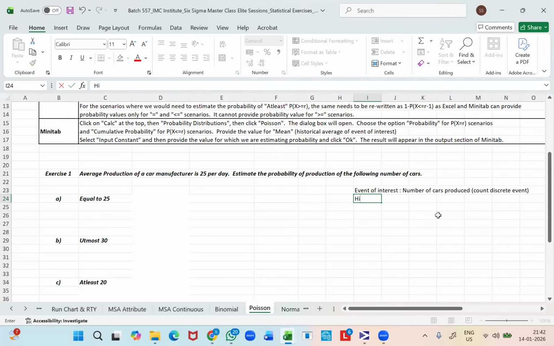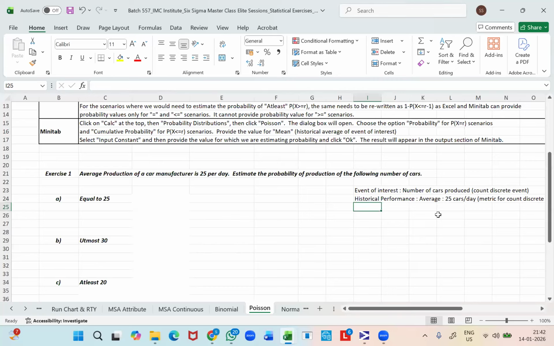And what is the historical performance? Historical performance is given in terms of average, again denoted by lambda. So the average will be 25 cars per day. Average is the metric for count discrete data.